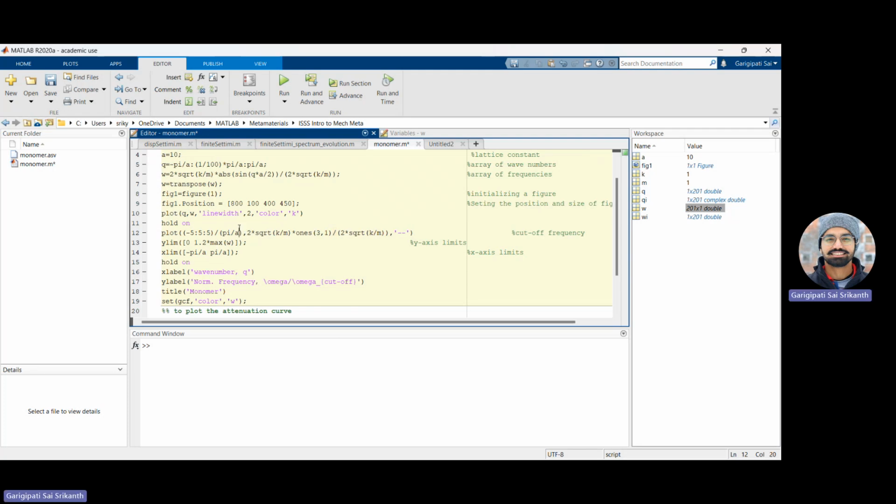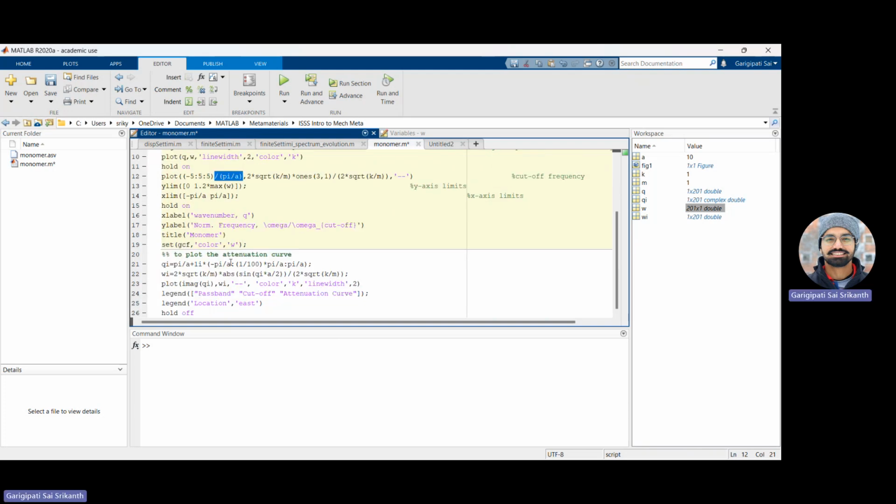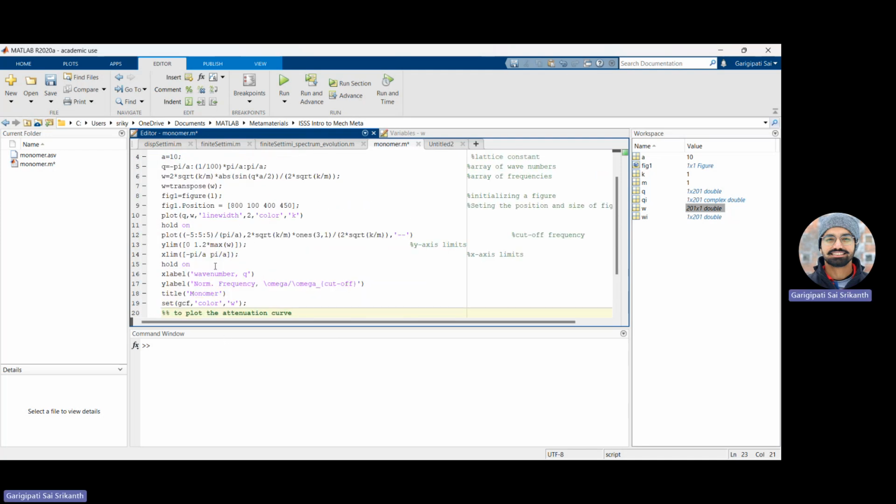The attenuation also. Yeah. Pi by. Okay.